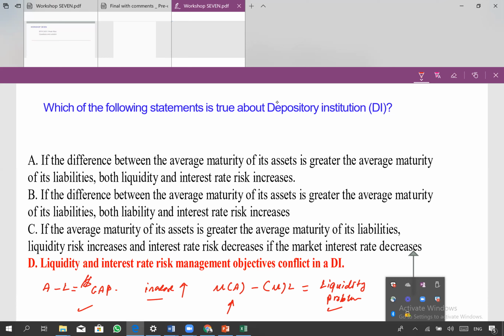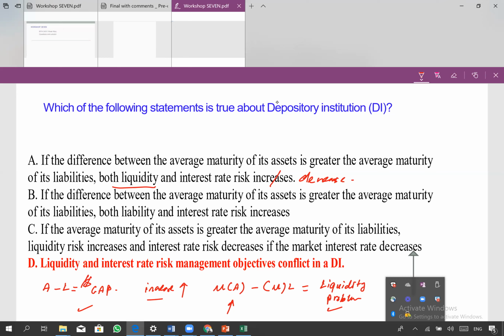So if the difference between the average maturity of its assets is greater than the average maturity of its liabilities, both liquidity and interest rate risk increases. No, liquidity increases, this decreases. It actually depends on the interest rate, but the whole statement is not right. Even if you expect the interest rates to go up, there is not enough information.